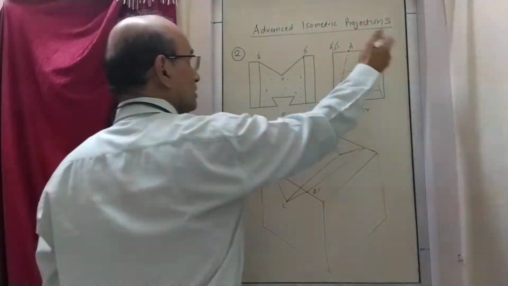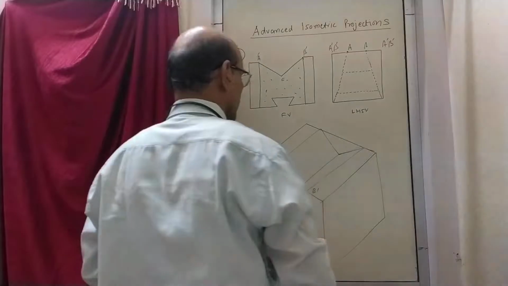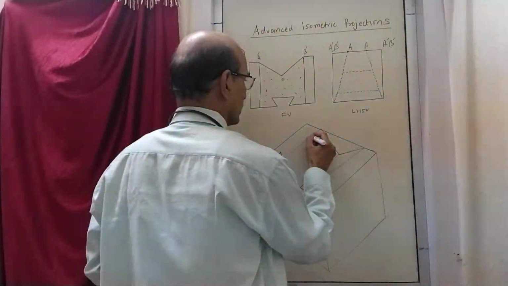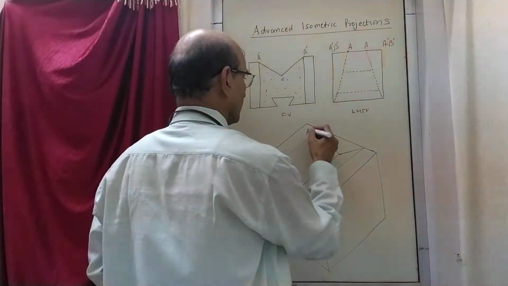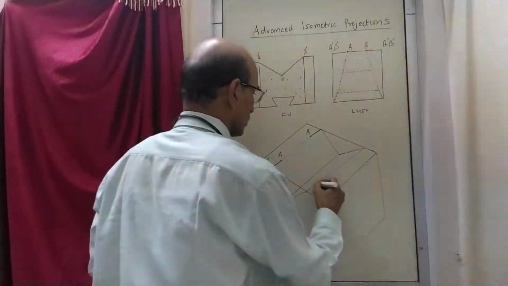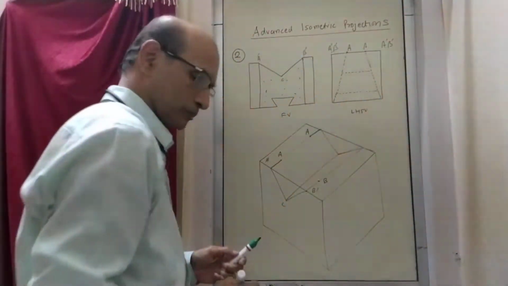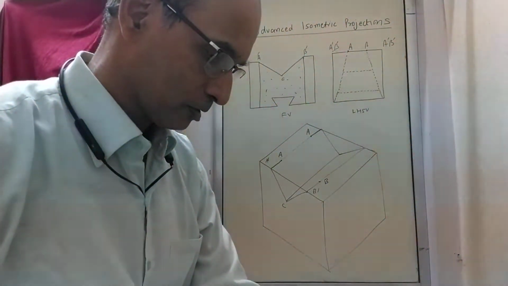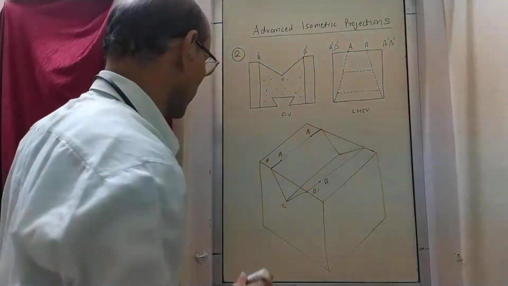Same thing on the other side. There is A dash, B dash here and A is here. So same thing on the other side also, you will find that A has come down like this. Same thing, B has also gone here. And after this is done, now you can draw this inclined surface.